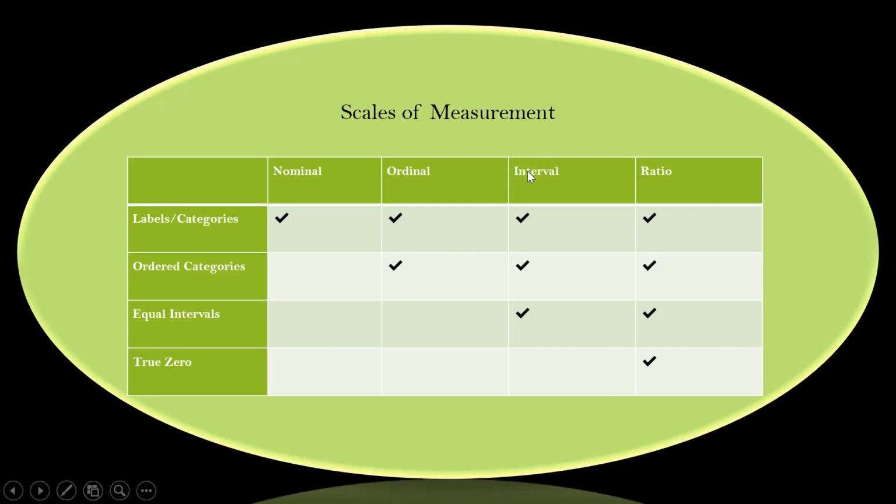With interval data, again, I still keep the abilities of ordinal, but I gain an additional piece of information, and that is equal consistent intervals. So with ordinal, I could have a junior with 89 hours, and I could have a senior with 90 hours. So the difference between a junior and a senior in one case could be 1 hour. Or you could be a junior with 60 hours, and you could be a senior with 120 hours, in which case we have a 60-hour difference.